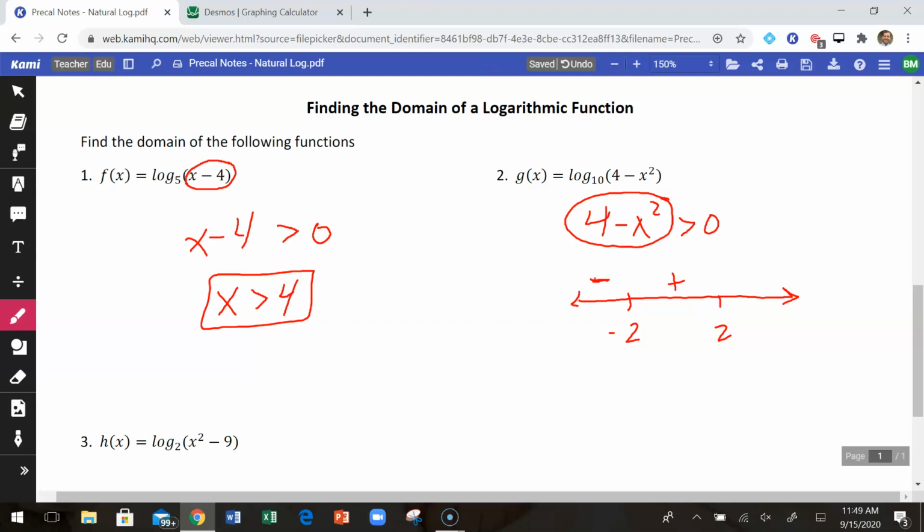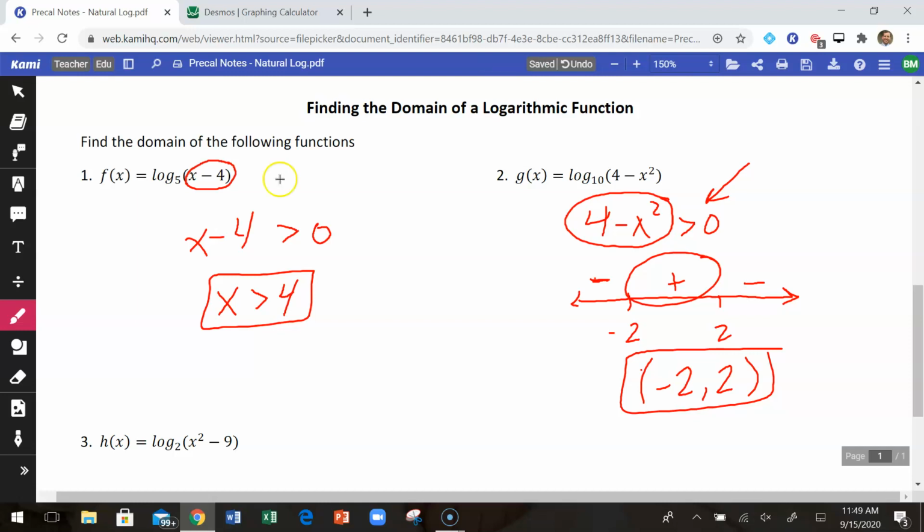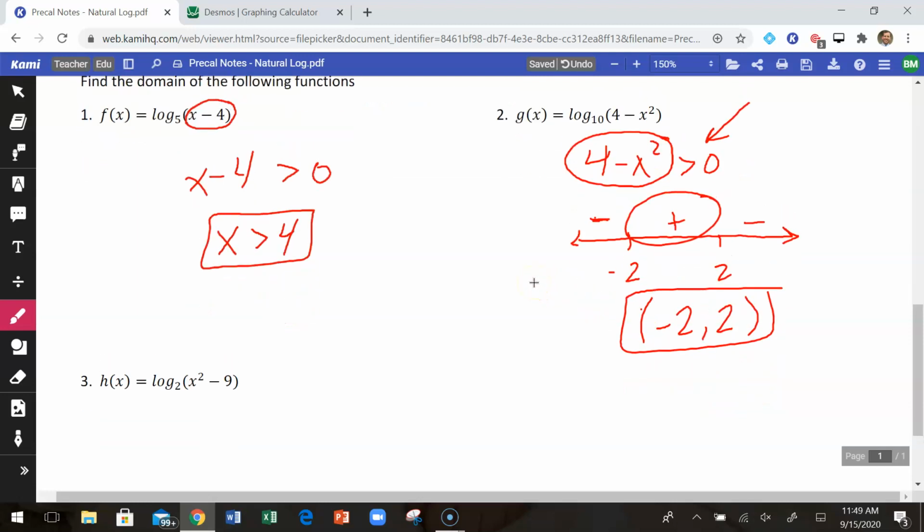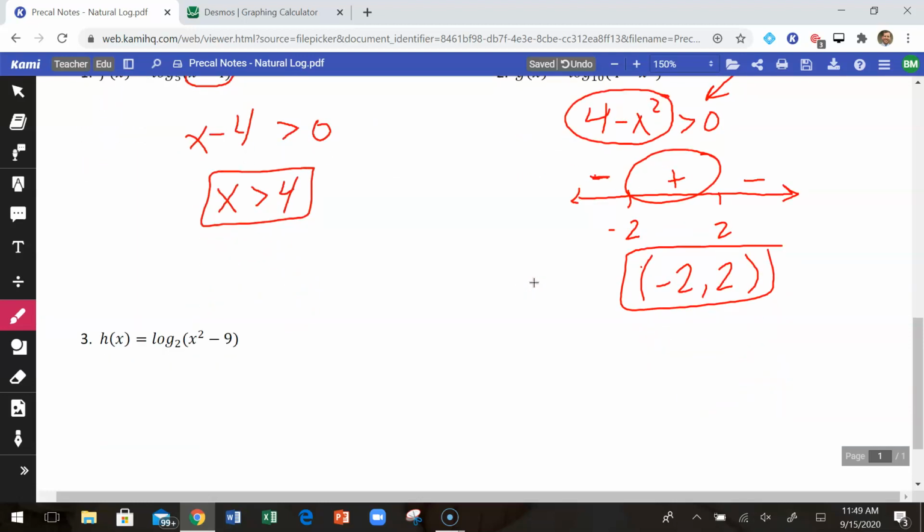If I plug in something to the right of 2, like 3, I would have 4 minus 9, which again would be negative. And so I want to know when is it greater than 0, which only happens here. So the domain for this would be between negative 2 and 2 in interval notation. It's a little bit tricky with a quadratic, but you need to think about this quadratic inequality stuff that I think you've seen before.